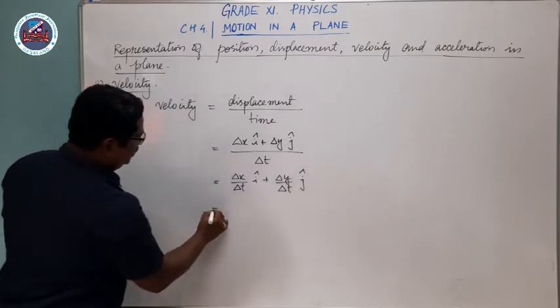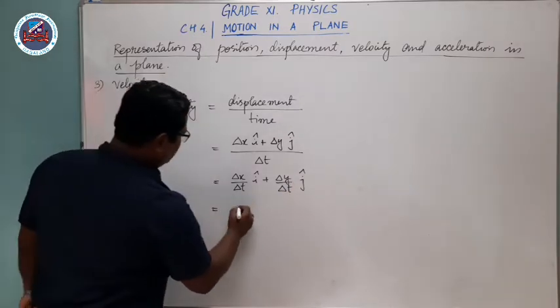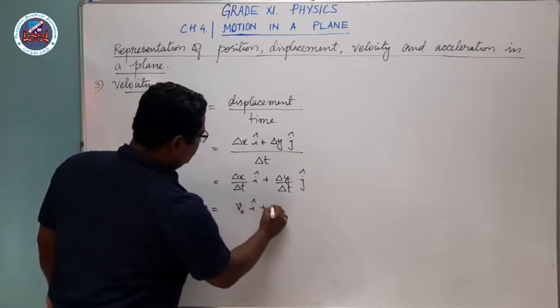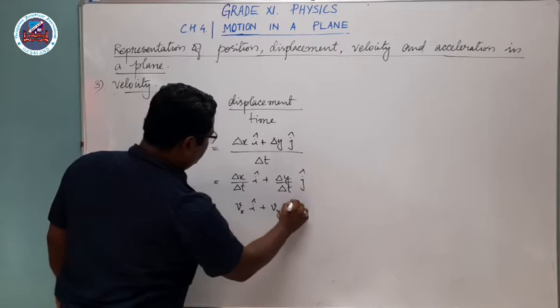j cap. Position with respect to time gives us velocity, so let us take v along x-axis i cap plus v along y-axis j cap.